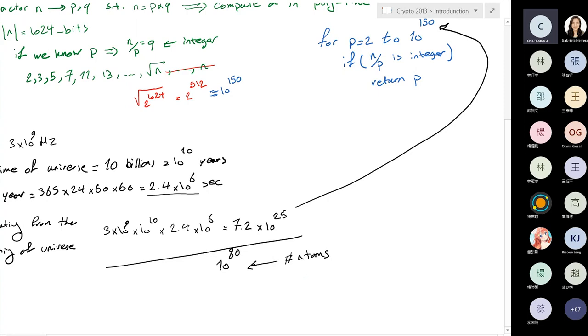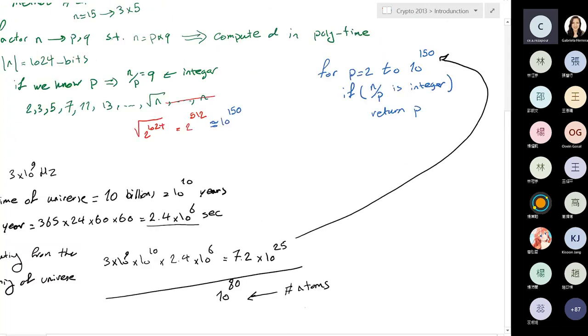So now I hope you really start to understand that when we say some problem is computationally hard, this small example should really help you understand that, even had you a very good CPU, a 3 gigahertz CPU, that you started this computation 10 billion years ago, and also had 10 to the power 80 computers or cores, by today you wouldn't be able to even get close to this number, 10 to the power 150.